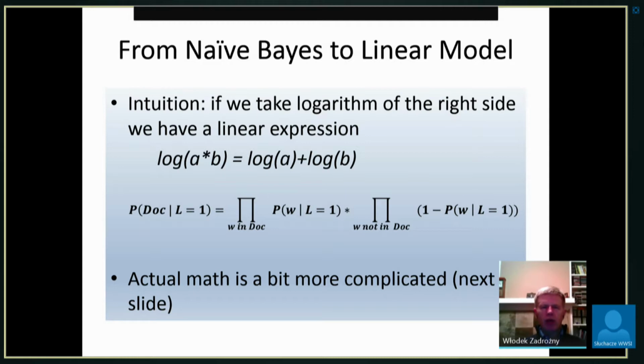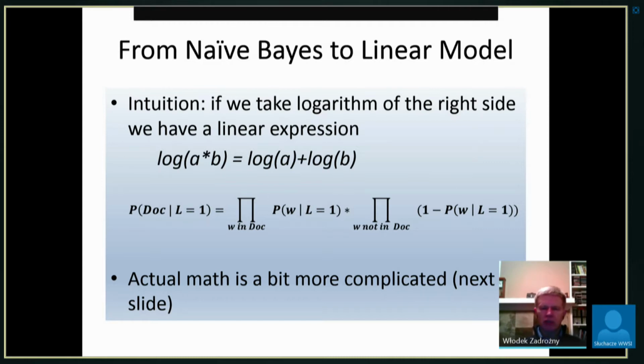If we apply the logarithm function to both sides, on the right-hand side we will have a linear expression. Essentially, we are going to have a sum of certain probabilities. So the intuition is to replace the sum of probabilities by a general linear function.